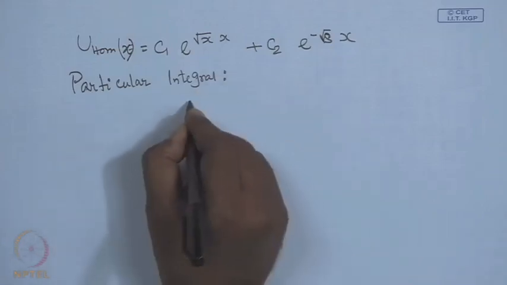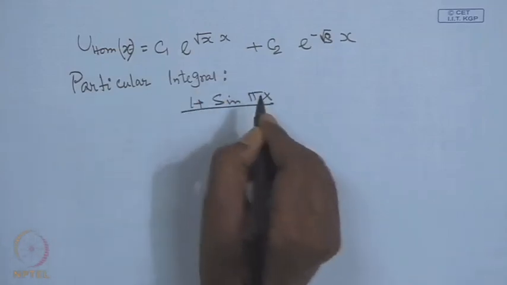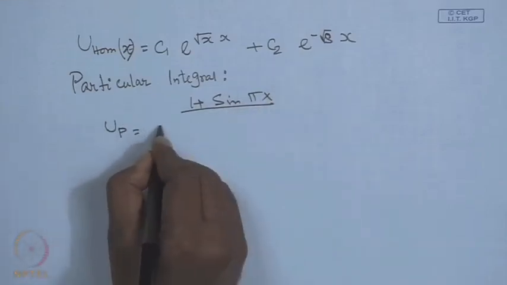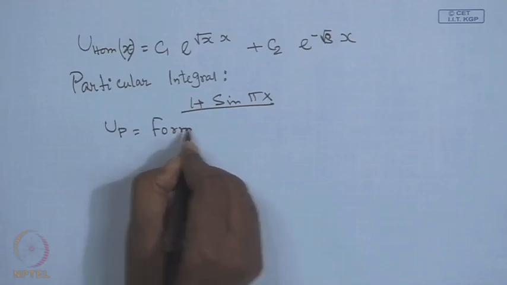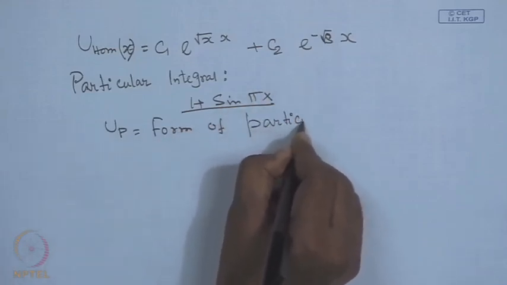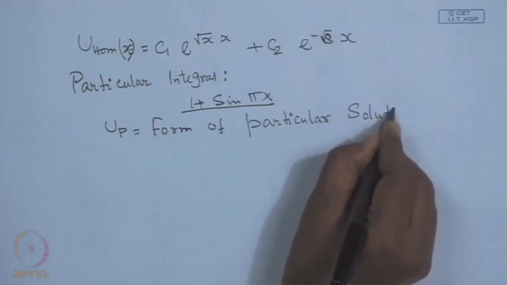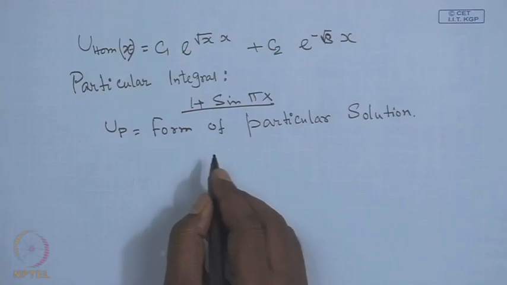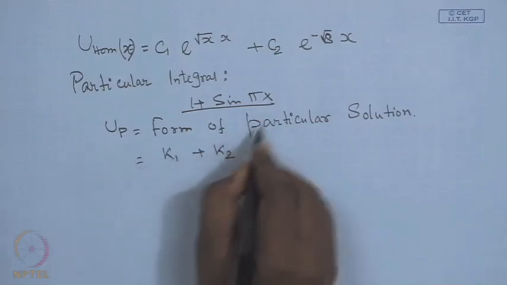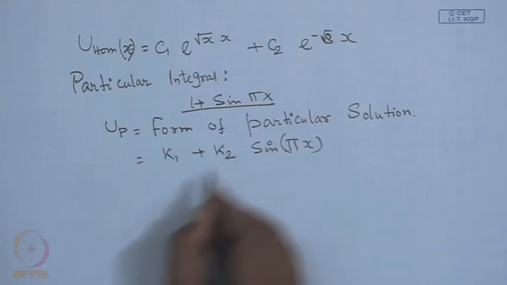Since the non homogeneous term is composed of 1 and sin pi x, the particular solution will be of the form u_p = k1 + k2 sin pi x.